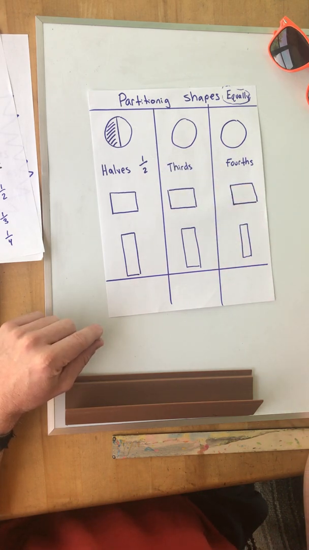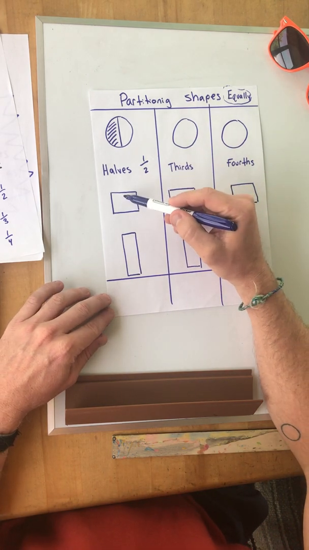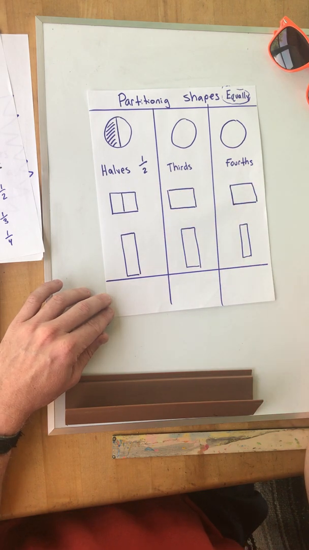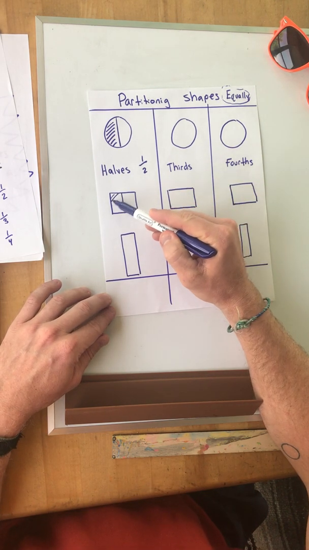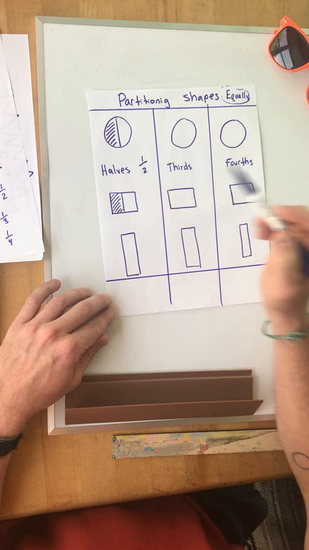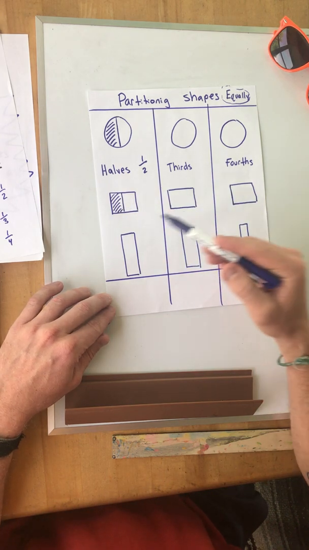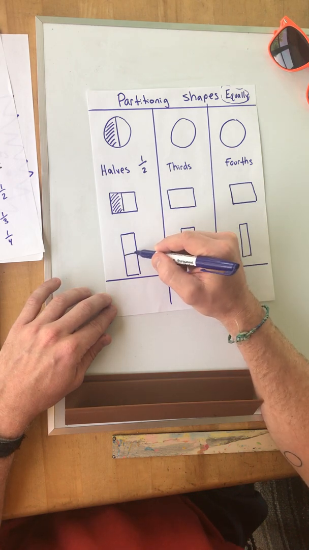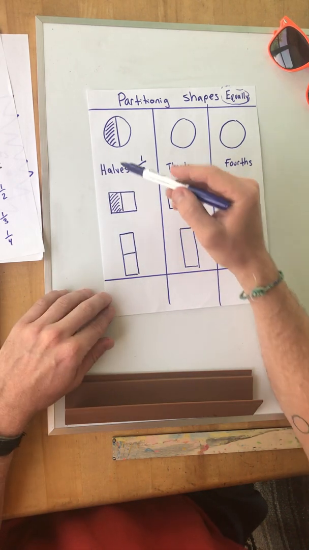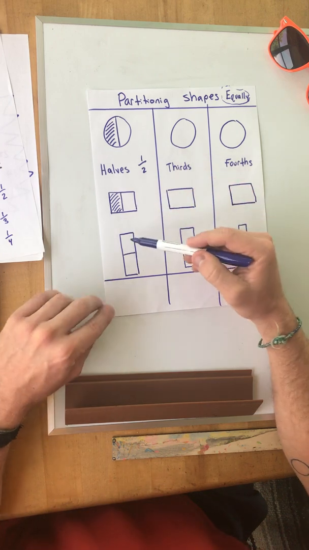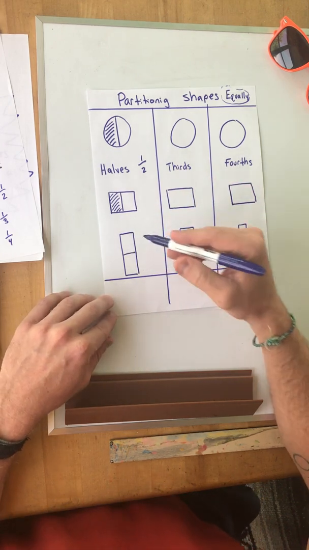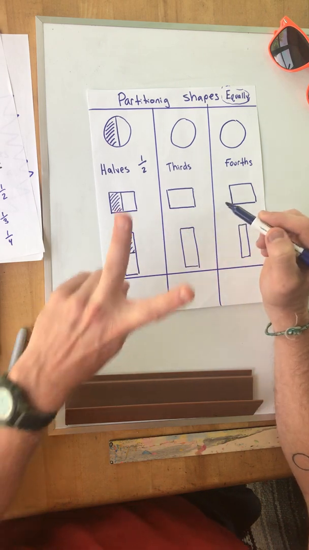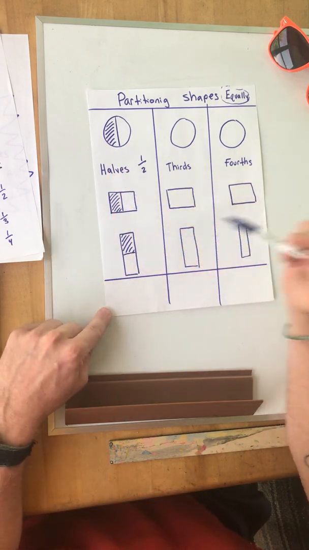The rectangle, still in halves. Shading one of those parts. The other rectangle, as long as there's 2 equal shapes, or 2 equal sizes to our shape, this will be half. 2 parts, halves.